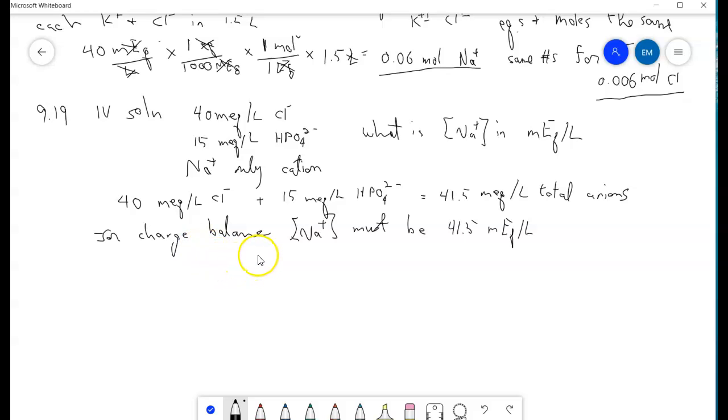I looked up the previous problem. It was 1.5 liters in the previous problem. I was looking at 1.5, and there was this 15 here. So this should be 55. Right? How does that look? That looks better.